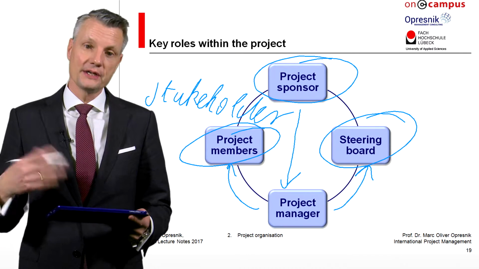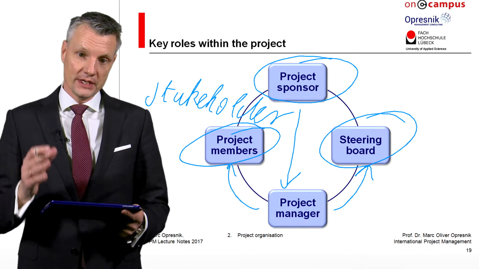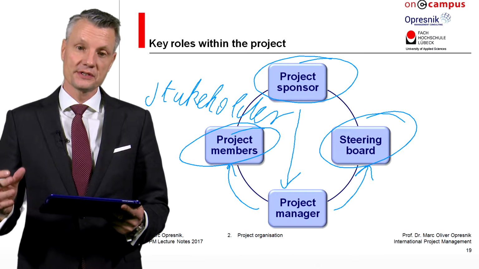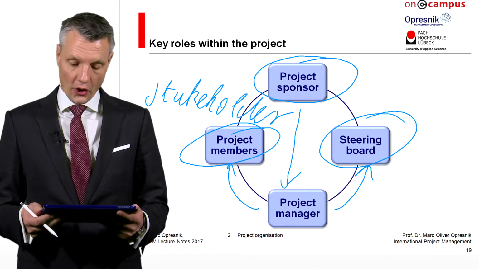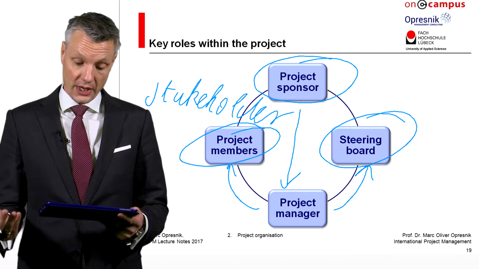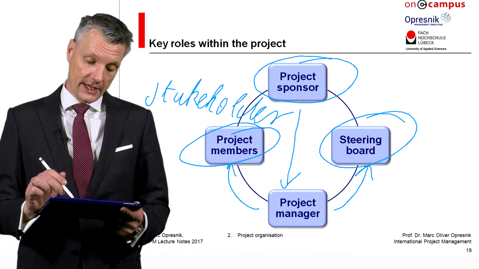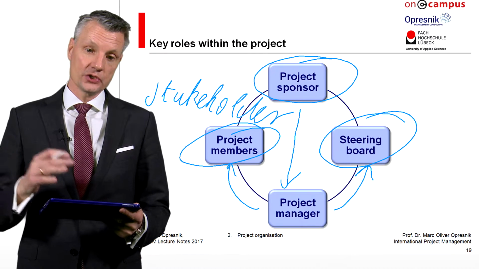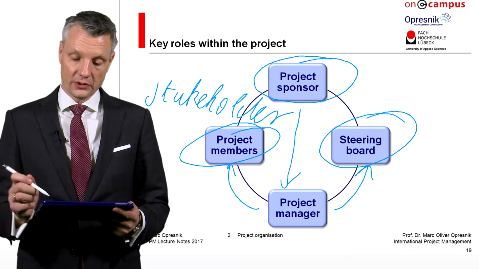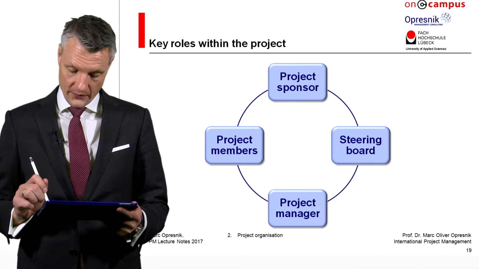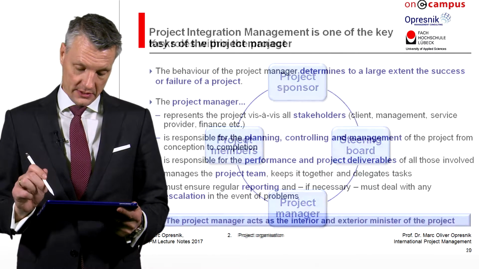It is comprised of senior managers coming from different lines of businesses, and they have a great interest in the implementation of the project or product, and they are sending senior managers into the steering board, who is responsible, like I said, for giving guidance to the project leader.